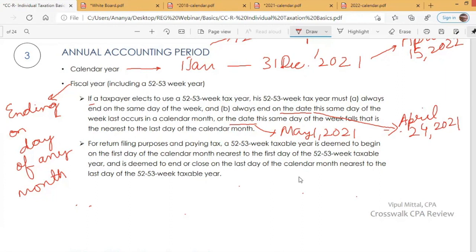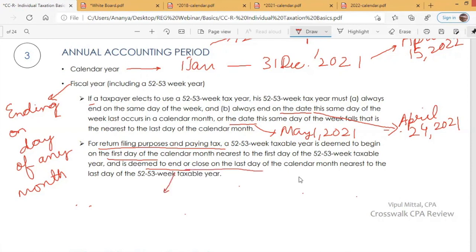For return filing purposes and paying taxes, a 52-53 week taxable year is deemed to begin on the first day of the calendar month nearest to the first day of the 52-53 week taxable year and is deemed to end or close on the last day of the calendar month nearest to the last day of the 52-53 week taxable year.